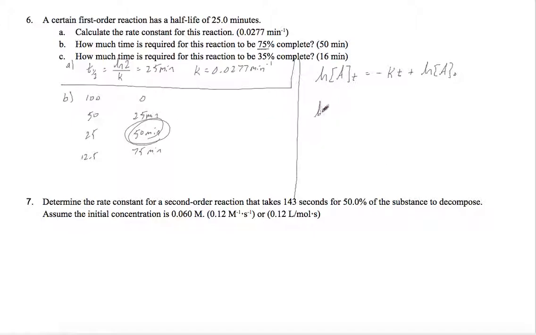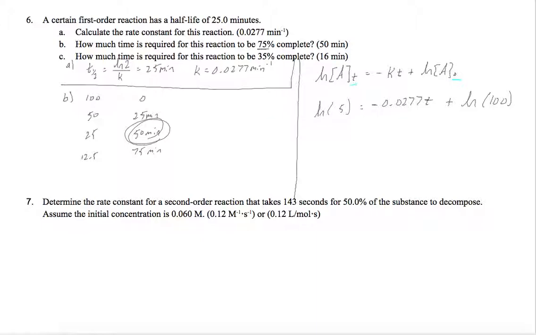So we have natural log of 25 equals negative 0.0277 t plus natural log of 100, because that is the initial. So that 0 there means initial. The t here means at some time, and that's what we're trying to solve for. We have 25% left after 70, or excuse me, should be doing this with this one.